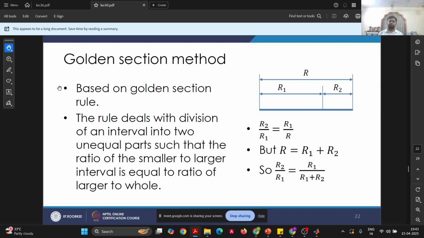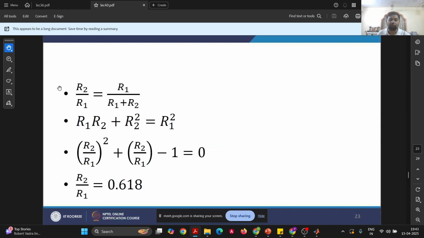iteration, we try to select a smaller interval such that the ratio of the smaller to larger interval is equal to the ratio of the larger one to the whole one. Therefore the proportion between the two intervals is as per the golden ratio, 0.618.